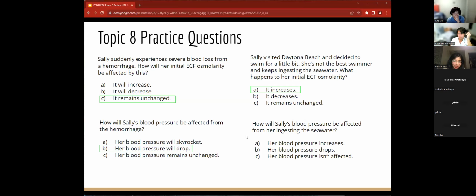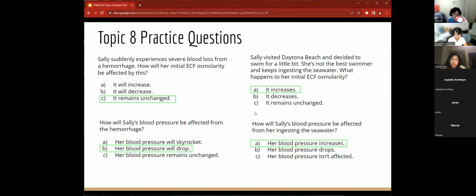The last question: how will Sally's blood pressure be affected from her ingesting the seawater? You can answer this question by typing it in the chat. Okay, yeah, Ava, she's right. It is A. Her blood pressure will increase because when she's ingesting the seawater, like I said before, you're increasing the solute concentration of the extracellular fluid.